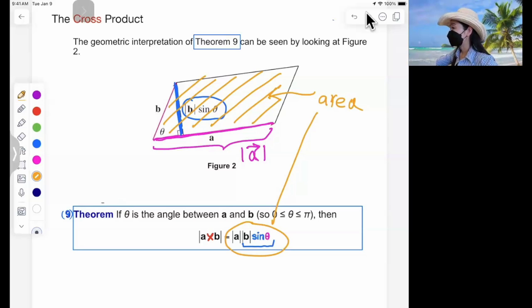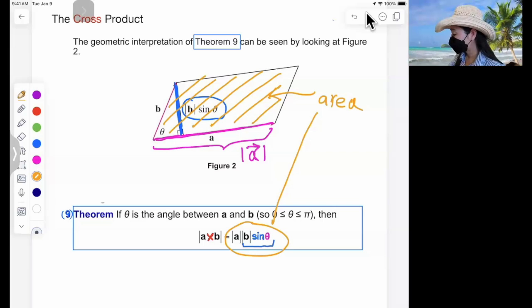That is not the projection. The projection of B onto A will be down here. I thought the area of a parallelogram is the same as a square.